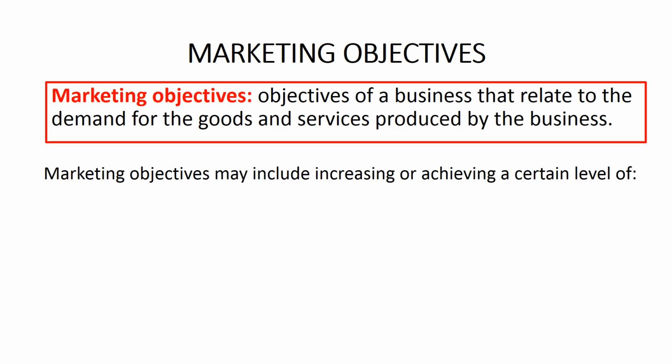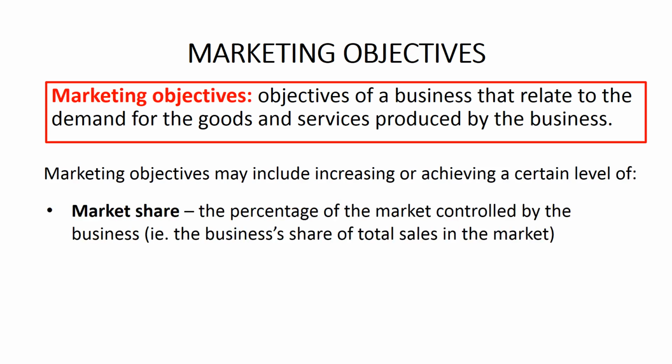Now, the specific kind of marketing objective is one that we've already looked at, which is the objective of increasing or achieving a certain level of market share. As we've just seen, market share is the percentage of the market controlled by the business. That is, it's the business's share of total sales in the market. So again, put that definition in your summary table.